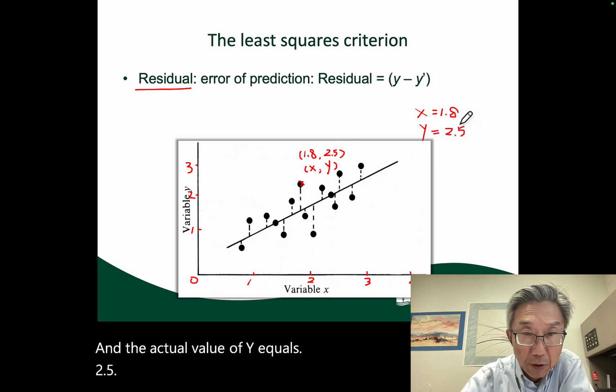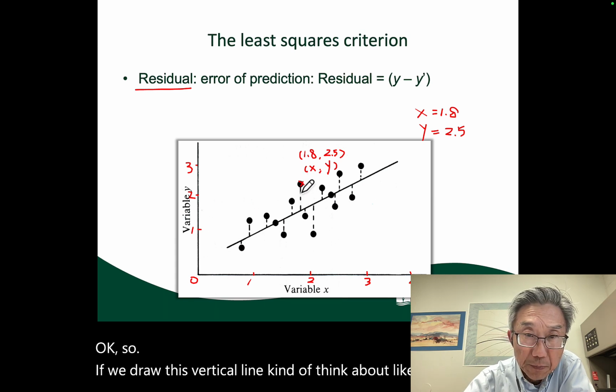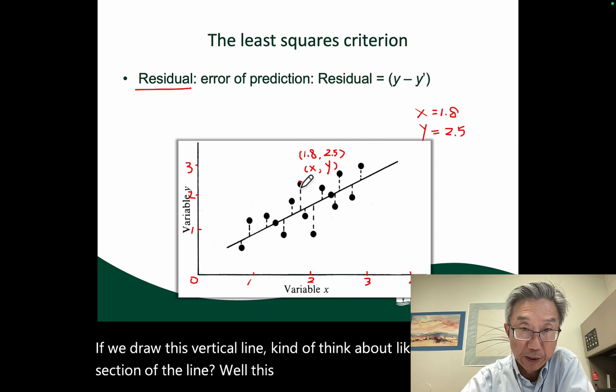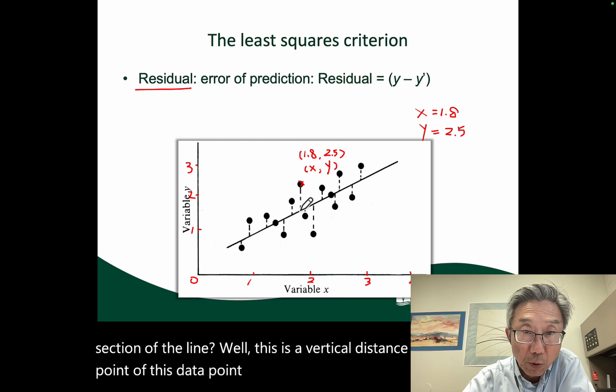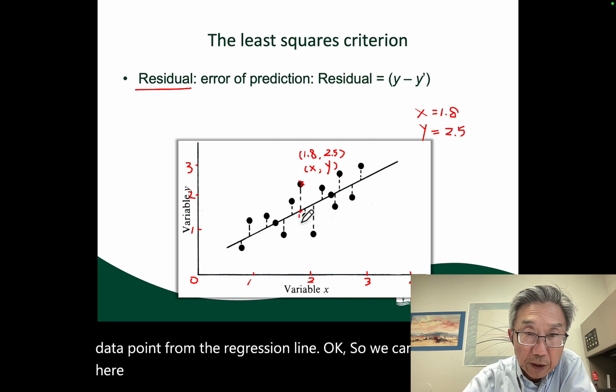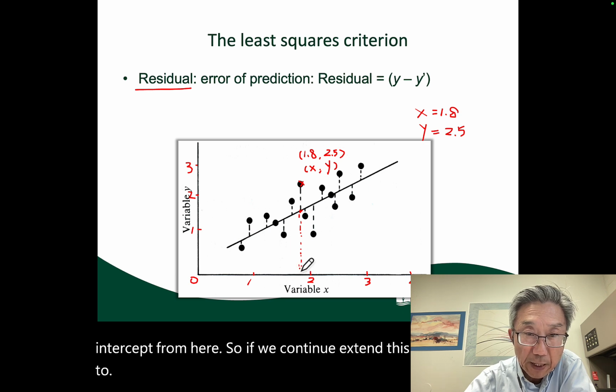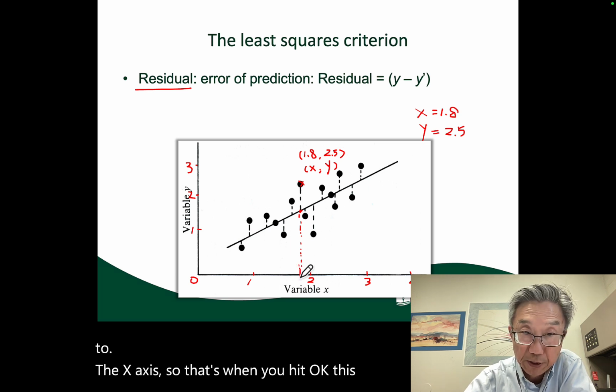Okay, so if we draw this vertical line, think about what this section of the line is. Well, this is the vertical distance of this data point from the regression line. Okay, so if we continue to extend this line, it goes on to the x-axis. So that's when you hit, okay, this is 1.8. So x equals 1.8.